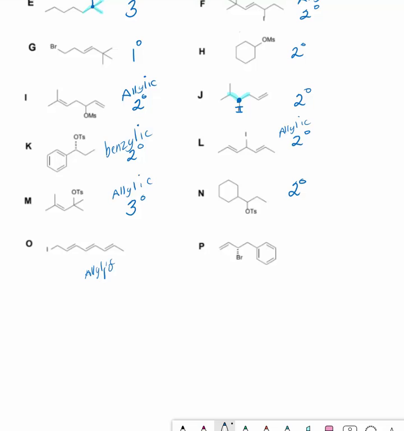And for P, we are analyzing this carbon. This is the carbon that contains the heteroatom. And we have 2 carbons bonded to this carbon. So this is not only a secondary, though, this is an allylic alkyl halide because we are bonded to an sp2 carbon that is double bonded to another sp2 carbon.